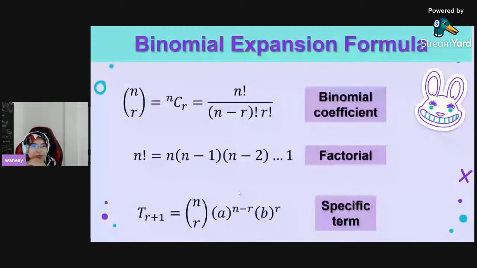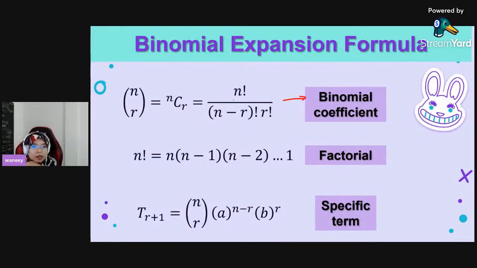Okay, so the binomial coefficient nCr, the things that you have nC0, nC1, nC2 and so on, are known as the binomial coefficients. The way we open it is that nCr is equal to n factorial over (n minus r) factorial, r factorial.